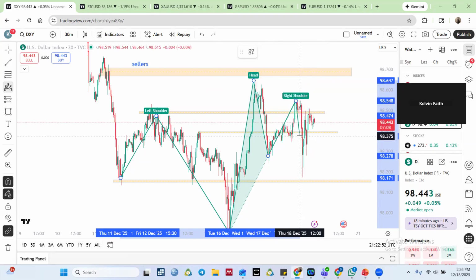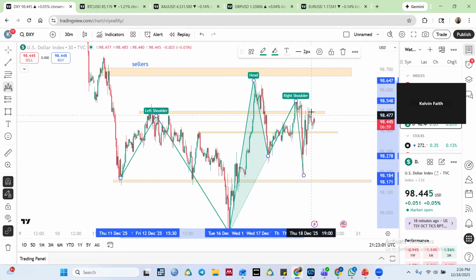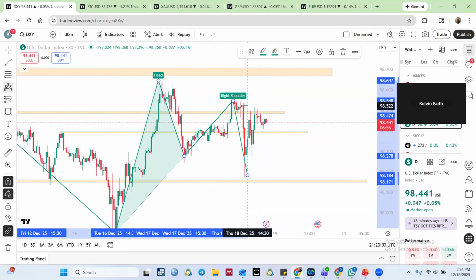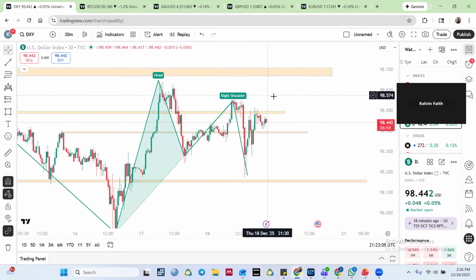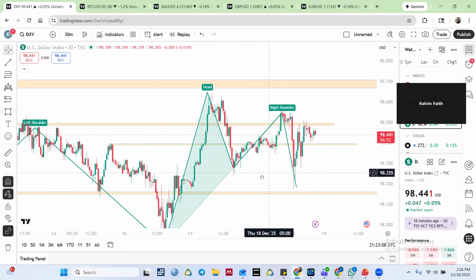Then price came down, crashed this low, which is a kind of break of structure. After that, it pulled back to retest the right shoulder, which is a perfect head and shoulders formation.